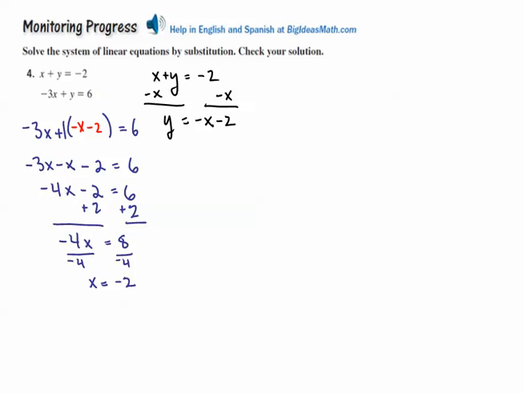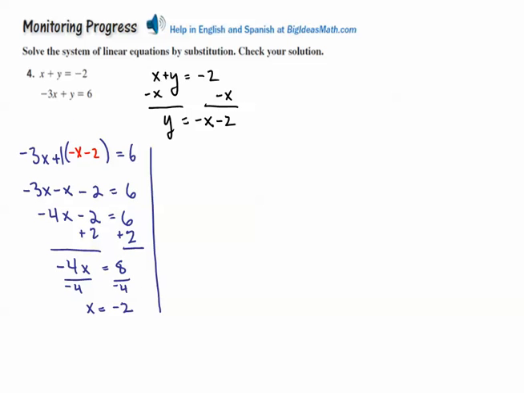The next thing that I want to do is to take that solution, x equals negative 2, and substitute it into either equation at this point. The easiest one to use might be x plus y is equal to negative 2. And I know that x is negative 2.